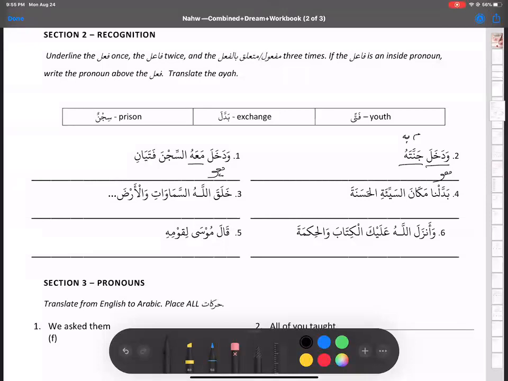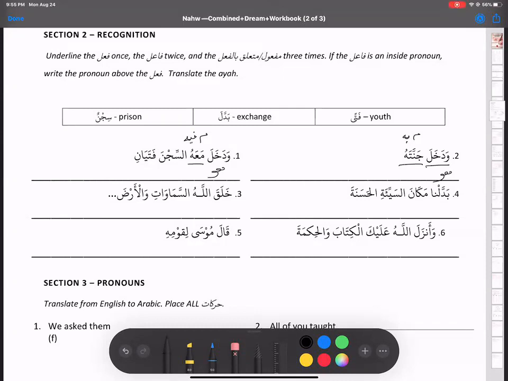This is jumla failure, and zarf cannot be maful bihi. Ma'ahu means with him, like position. This is zarf makan, maful fihi, where and when it comes. So this is our mafulun fihi.